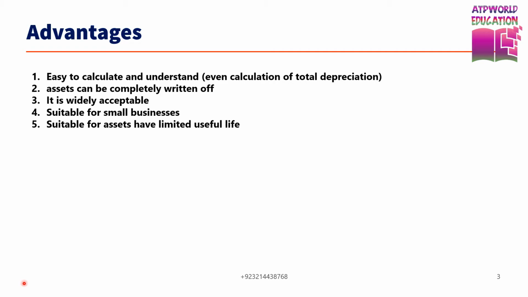This method is not suitable for those assets which have longer useful life like 25 years, 30 years, 50 years. For those assets, businesses use other methods of depreciation, because the straight line method writes off the assets' total cost in few years.